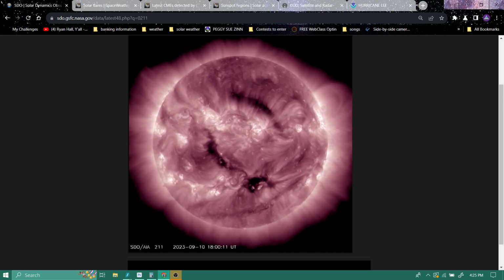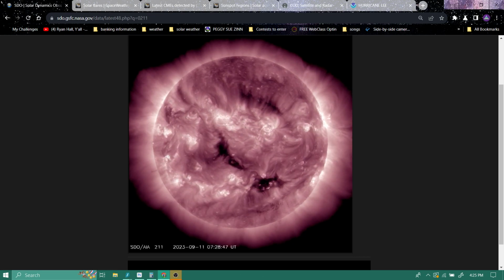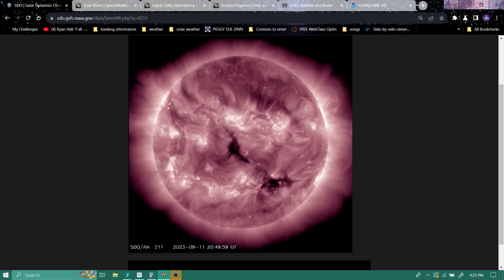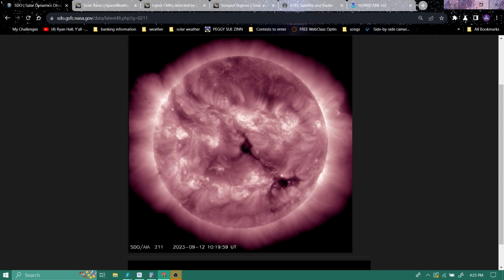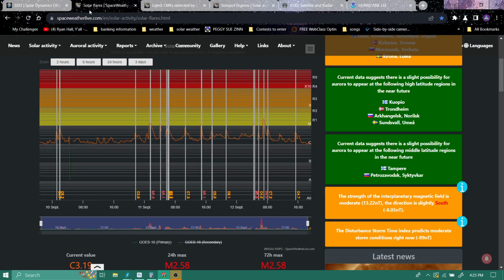You can have auroras from a flare, you can have auroras from a CME, but flares can also not cause auroras. It's confusing, I know, but for newbies, that's how it works.